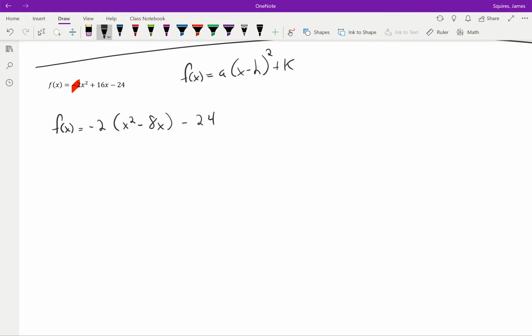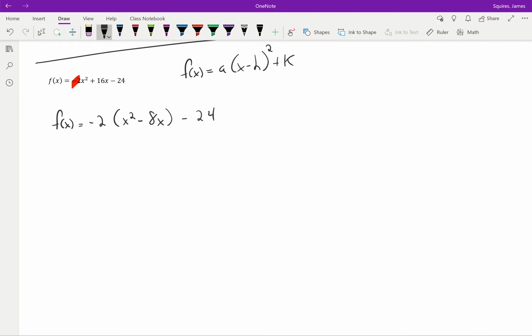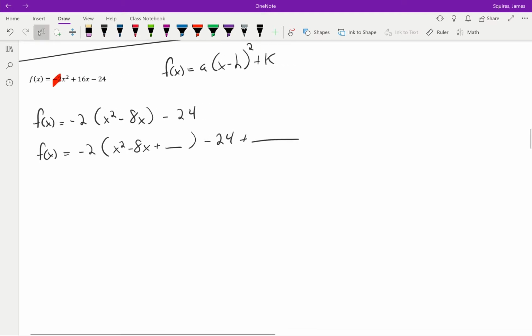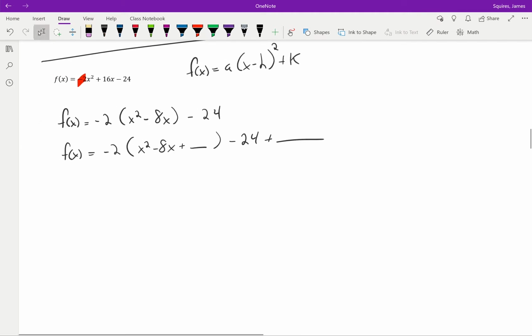Alright, so now this is the same. Now what we are going to do is f of x equals -2 times (x squared minus 8x plus something) minus 24 plus something. What we want to do is make the inside of the parentheses a perfect square. So how do we make this a perfect square?